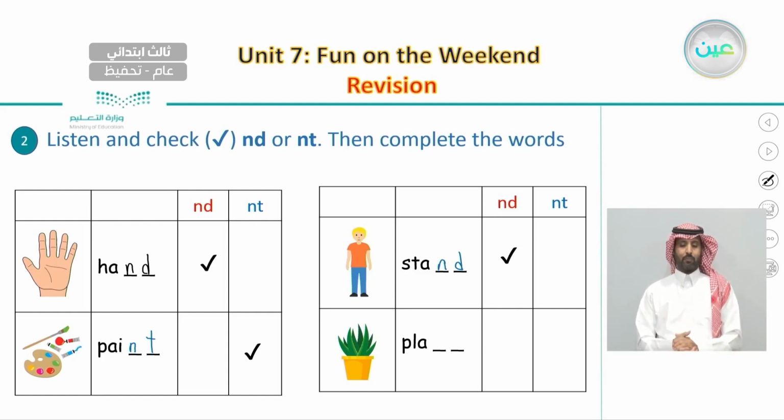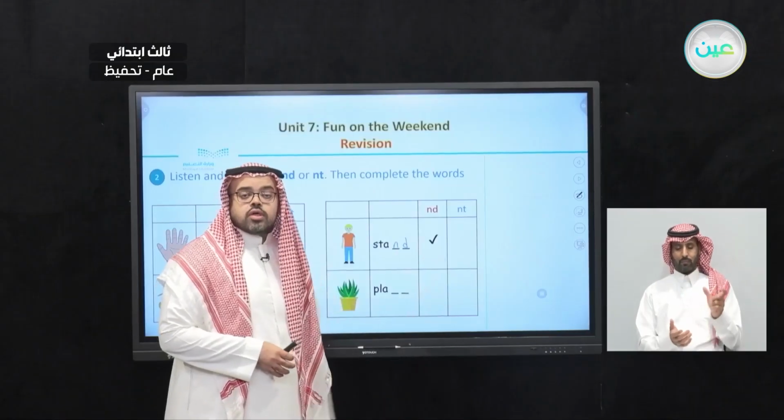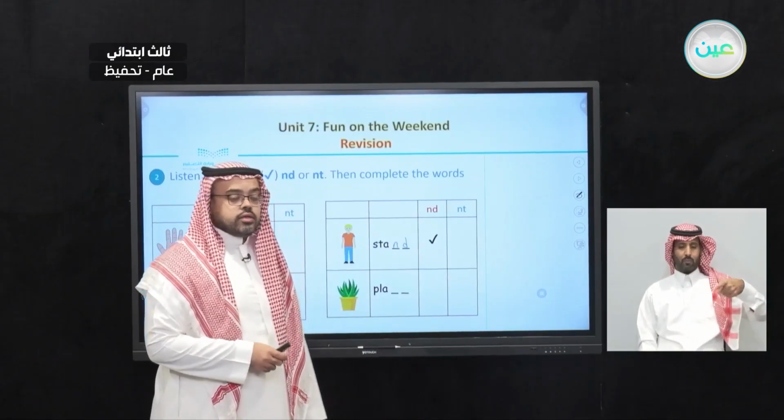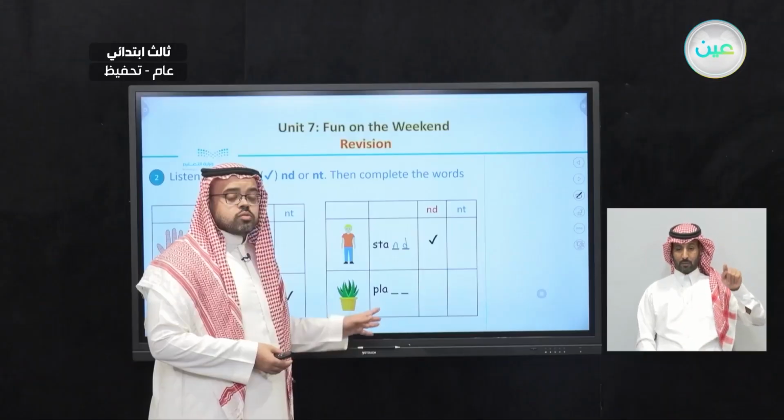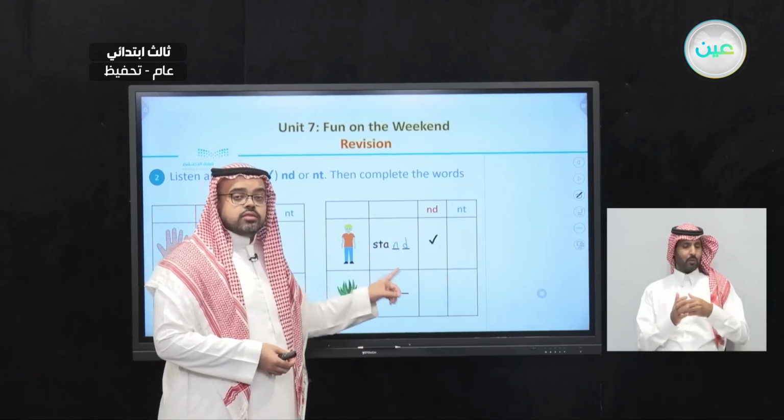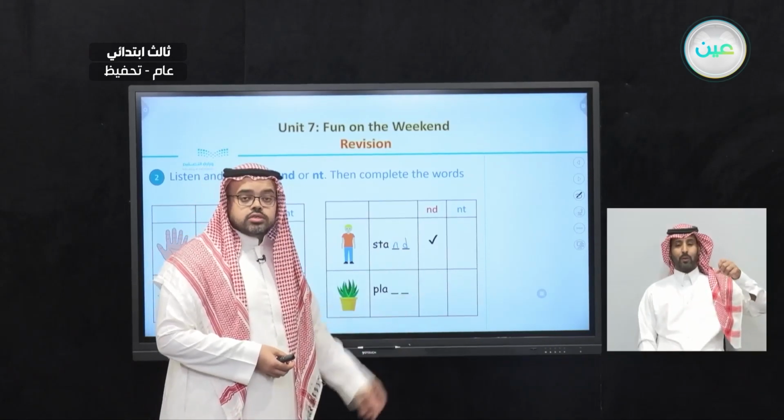Now, let us move on to the last word. As we did, we're going to listen and decide whether it ends with NT or ND. So, the last word is plant. Plant. Very good. So what do you think? Does this word end with ND or NT?